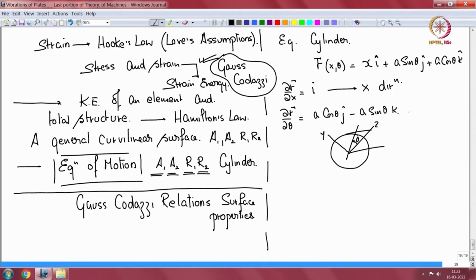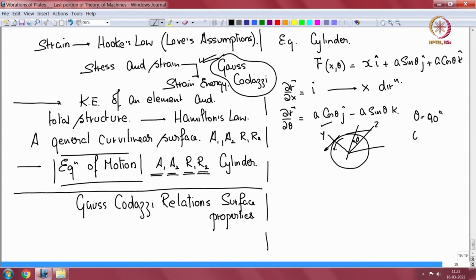So if theta is equal to 90 degrees, okay, this is 0, this is minus ak, okay. So right here the del r del theta is this way, okay, so it points in the local theta coordinate direction.